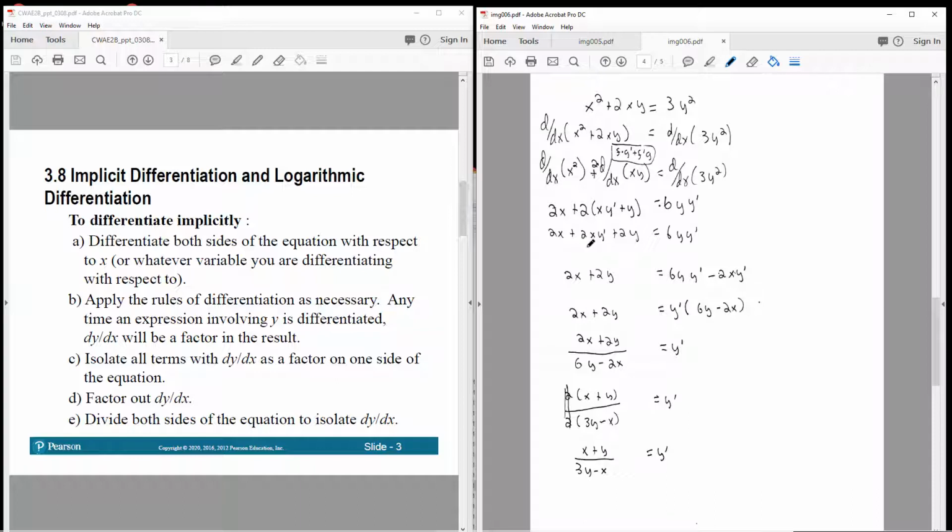So now what I want to do is collect my y prime terms and solve for y prime. Okay. So I go ahead and I move my y prime terms to one side. So I'll subtract 2x y prime from both sides.